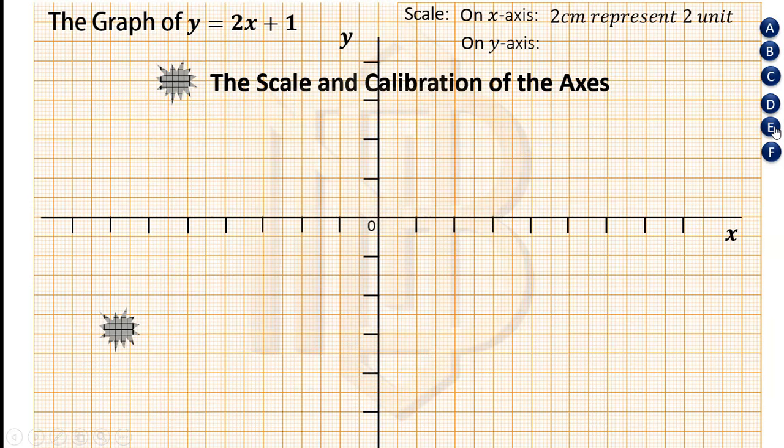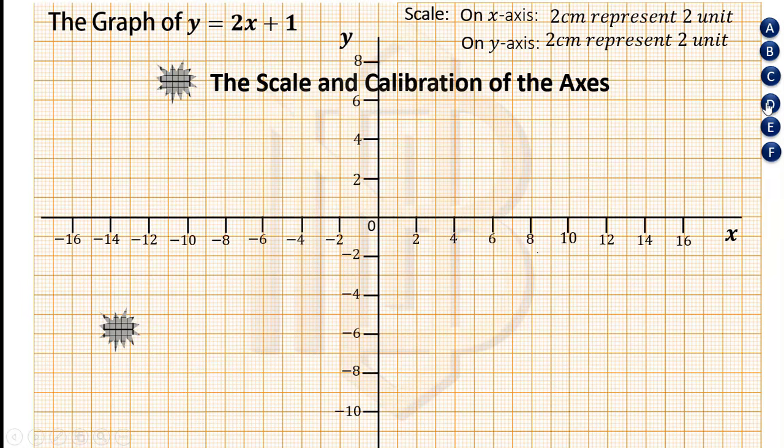And if we say 2 centimeters represents 2 units on the y-axis, that's why each step going upward is in 2s. That is, if you measure the 2 centimeters there, it is 2 units. Okay, that's that.